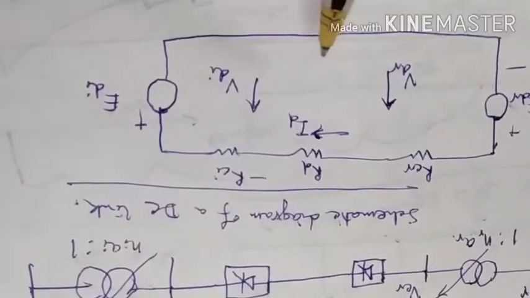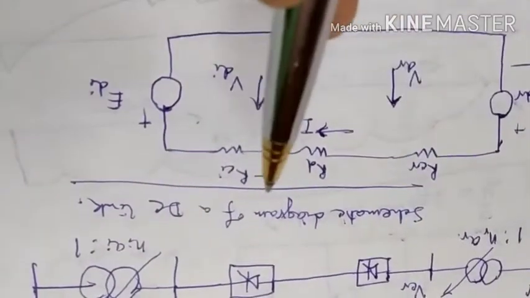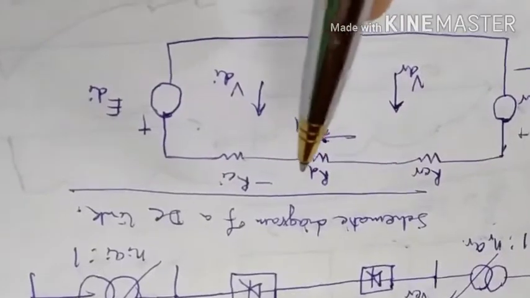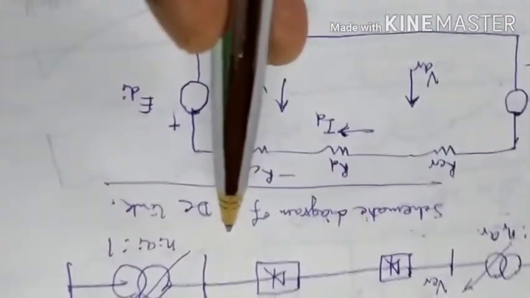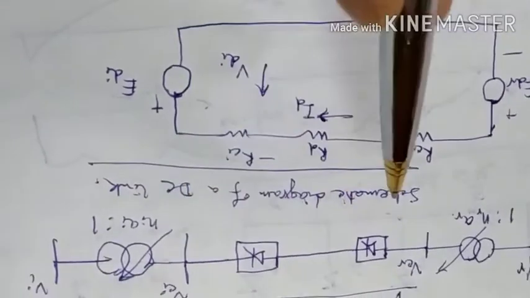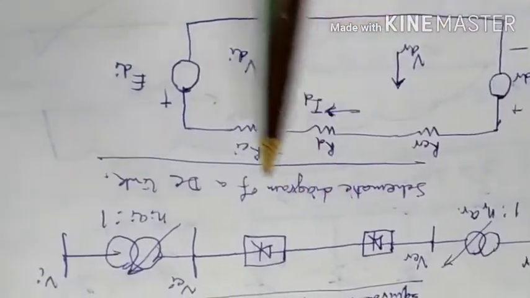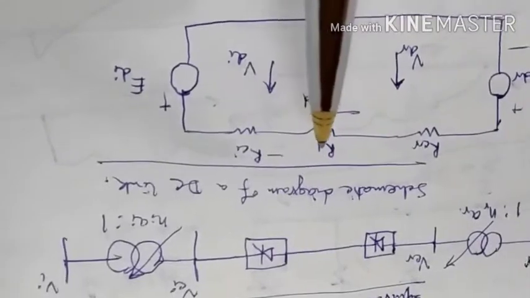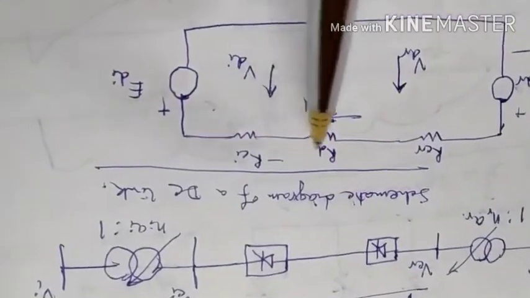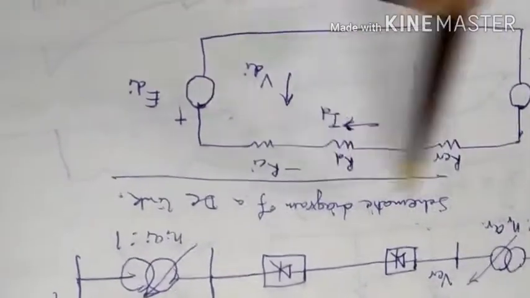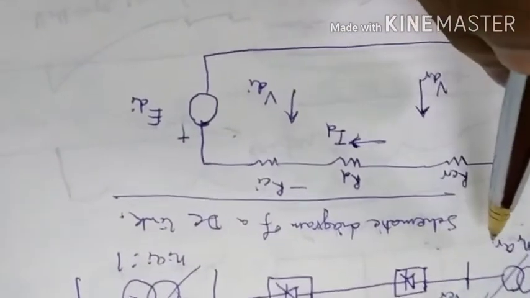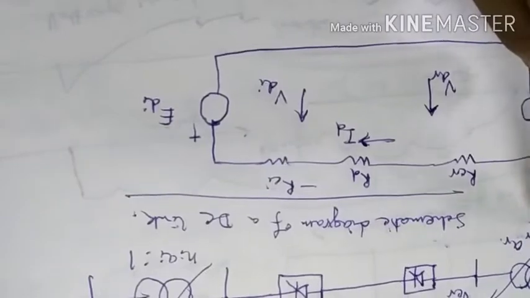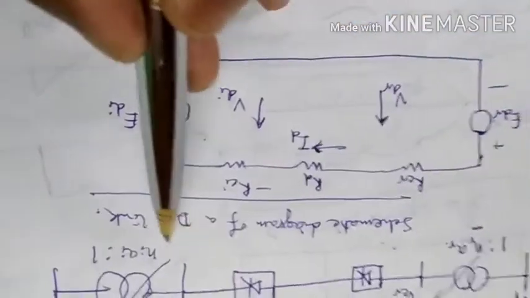So, converter and system control. First, consider the schematic diagram of the DC link, a two terminal HVDC link. From the schematic diagram, the transformer nominal turns ratios are NR and NI.